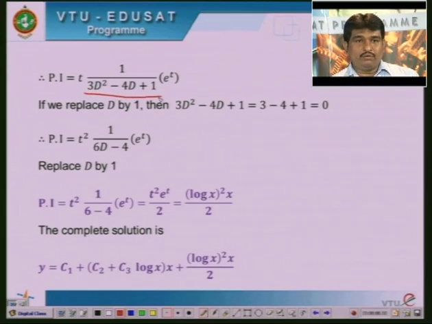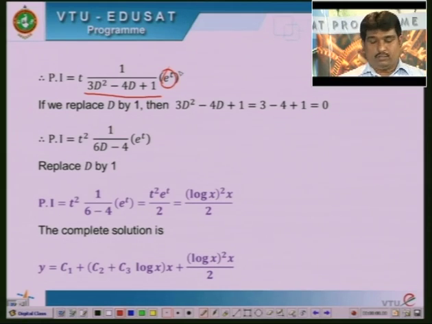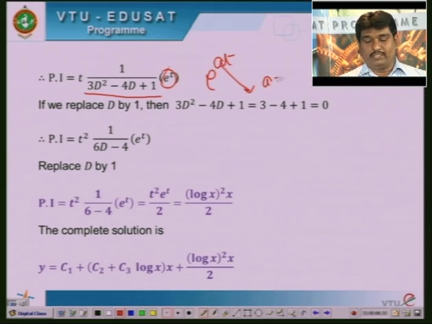Again, type 1, we have to replace D by 1, the coefficient of t here in e to the power of t. e to the power of at, a is 1 in this case. If we replace D by 1, then even this f dash of D becomes 0. 3D square minus 4D plus 1 becomes 0.